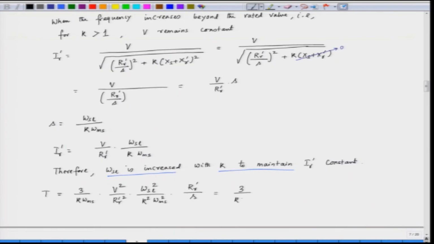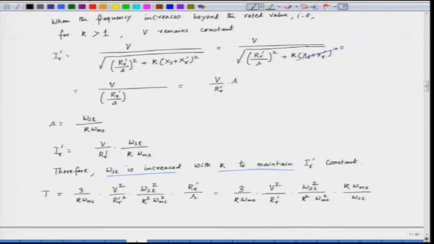replace here, k omega m s into V square by R r, and R r will be cancelled. So, we have R r here, and then we have omega s l in the numerator. We have k square here into omega m s square, 1 by S. So, 1 by S is k into omega m s by omega s l.